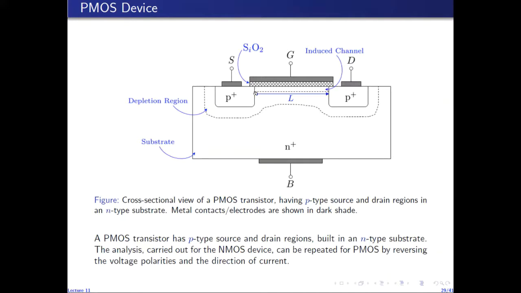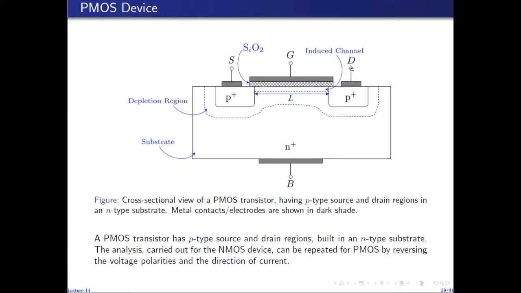So that happens when the magnitude of VGS becomes greater than the magnitude of the threshold voltage for the device. That is, VGS becomes so negative that this portion of the substrate under the oxide layer becomes a P-type conducting channel.